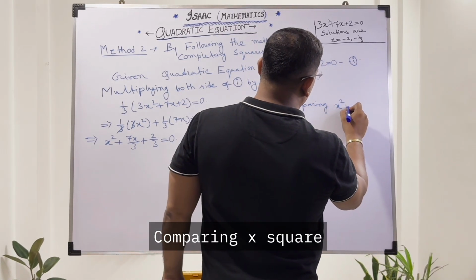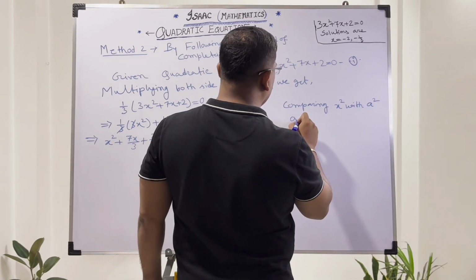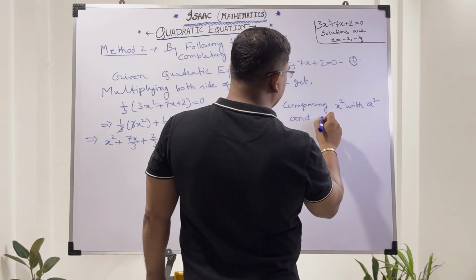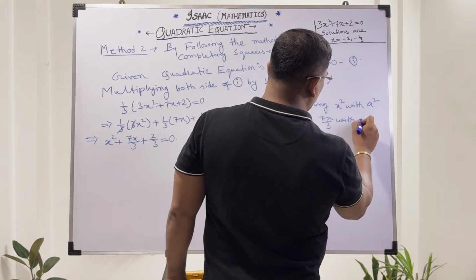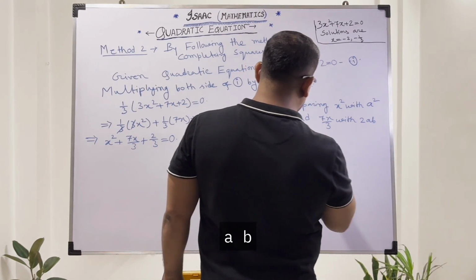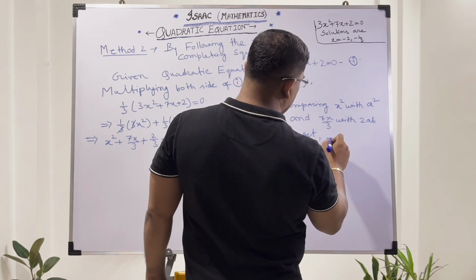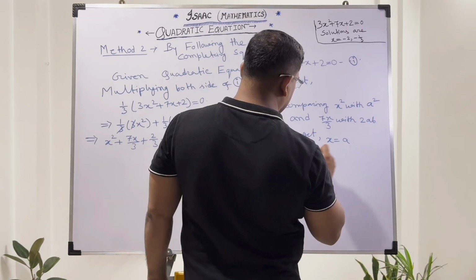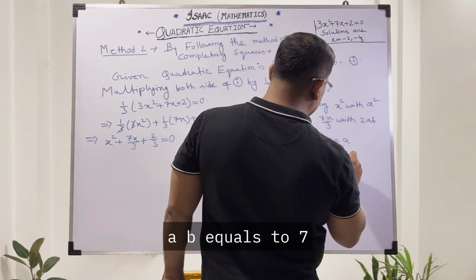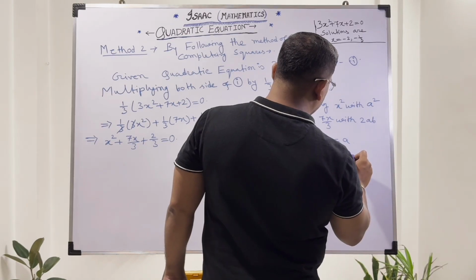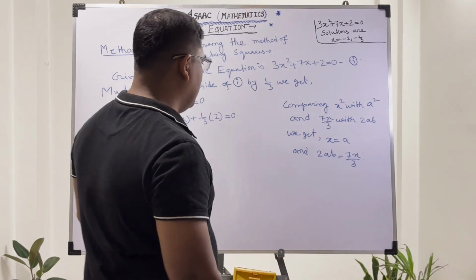Comparing x square with a square and 7x by 3 with 2ab, we get x equals to a and 2ab equals to 7x by 3.